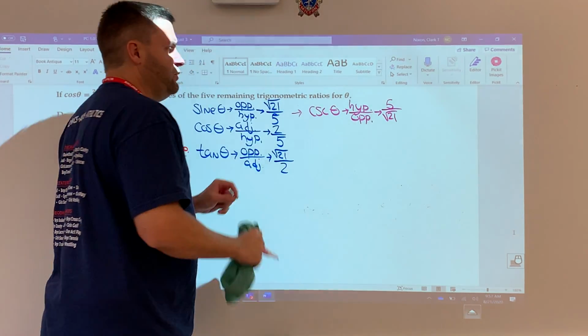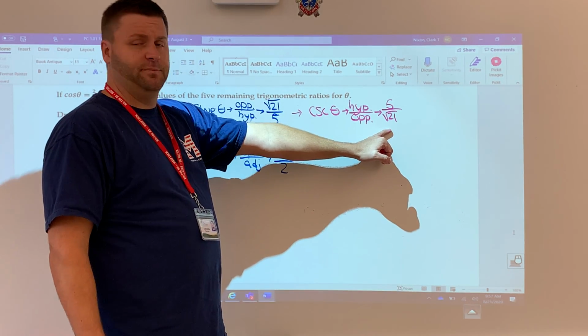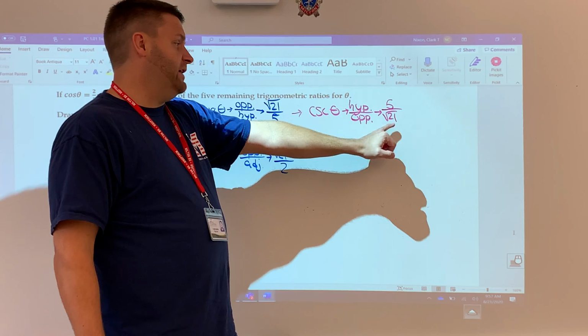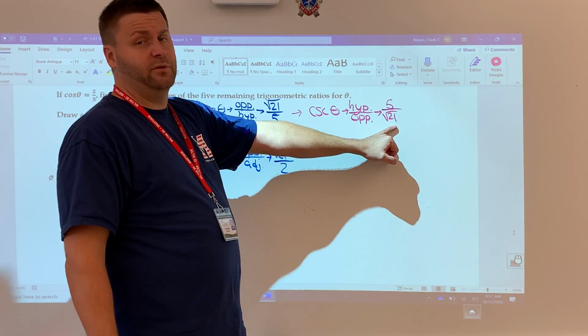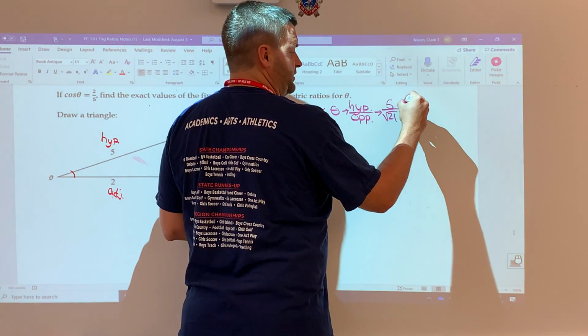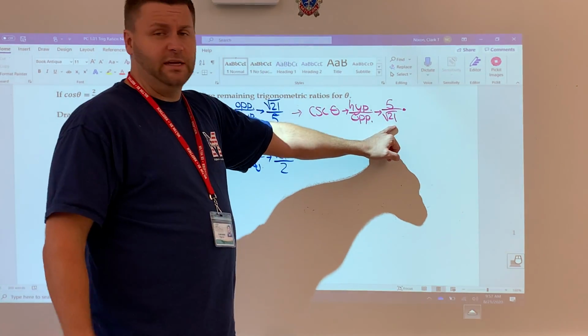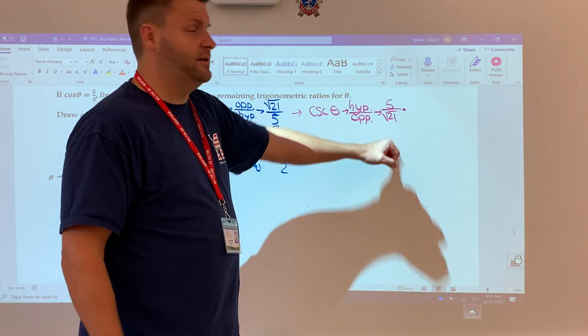Now, if you have a TI-36X, the one I talked about last Monday, you can just type it in as 5 over square root of 21 and it'll simplify it for you. If not, you have to remember how to rationalize the denominator. And the reason why is because we cannot have a square root in the denominator.